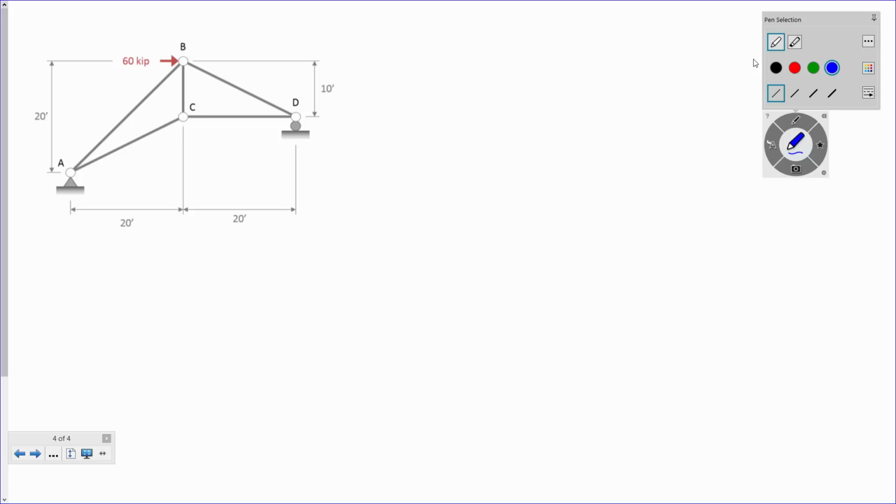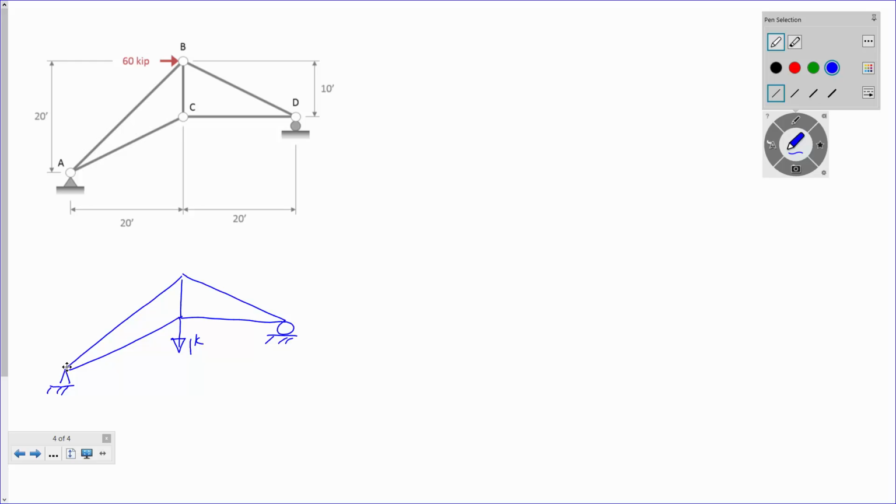I'd have to do an analysis of the real structure, which is what we're looking at right here, and then I'd have to do an analysis of a separate structure that looks like this. I'd have to do an analysis with, let's say, a 1 kip load right there, right? So if I was wanting the deflection at C, this is what I would have to do.